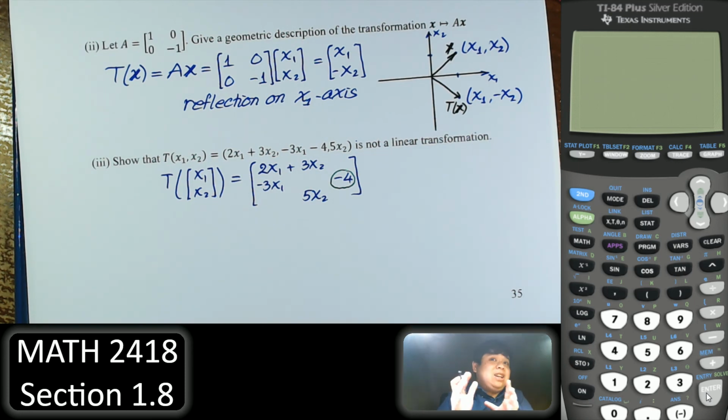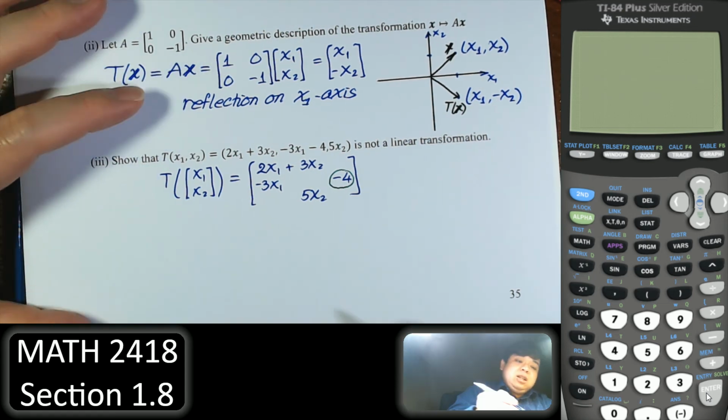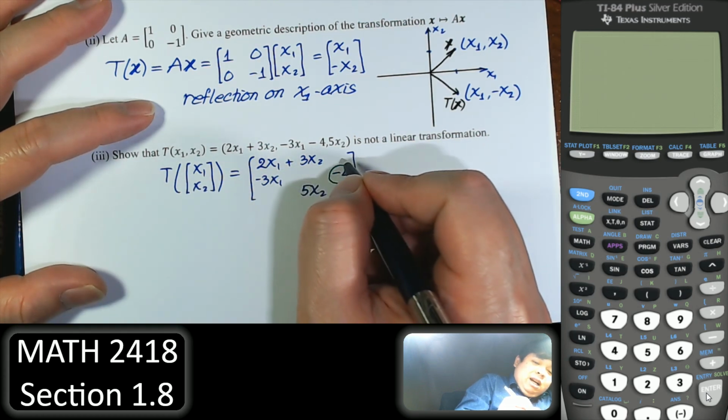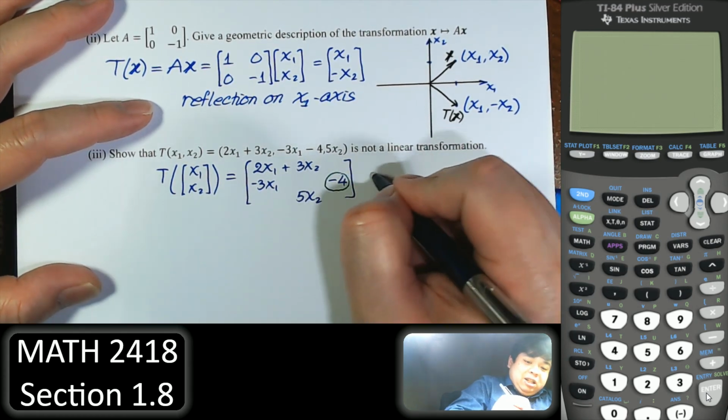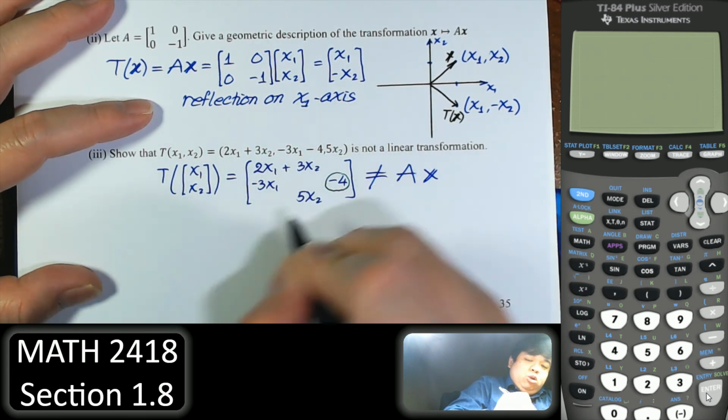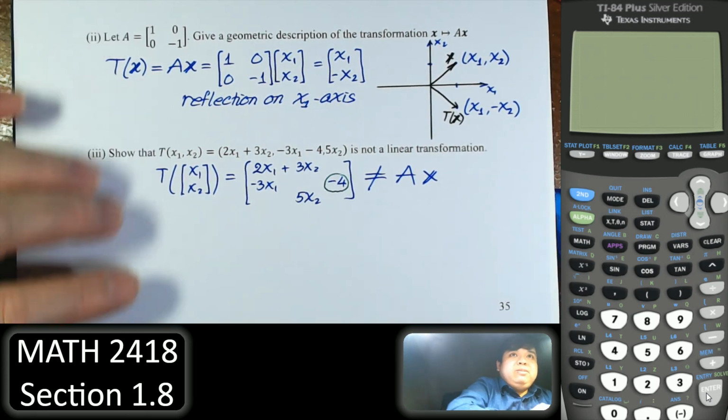We can write it as something else, but we cannot put it in that matrix form. I cannot say it equals A times x, because that is impossible to do because of the negative 4.